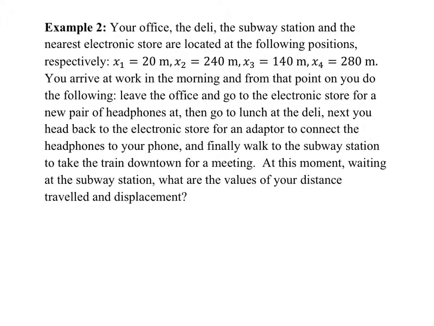Leave the office and go to the electronics store for a new pair of headphones. Then go to lunch at the deli. Next, you head back to the electronics store for an adapter to connect your headphones to your phone. And finally, walk to the subway station to take the train downtown for a meeting. At this moment, waiting at the subway station, what are the values of your distance traveled and displacement?